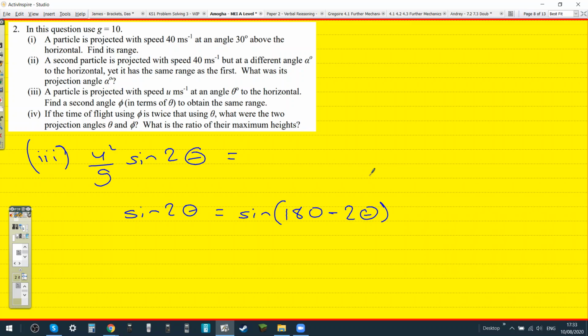We could write it as 2 sine theta cos theta, but let's see. So we want this. Yeah, I don't know what that other symbol is called. Yeah, I don't either. Like sine to. Don't know what to call it. Null or something. Who knows? Wait, how is sine 180 minus 2 theta equal to sine of 2 of that one? Oh yeah, it is. I'm just going by their thing.